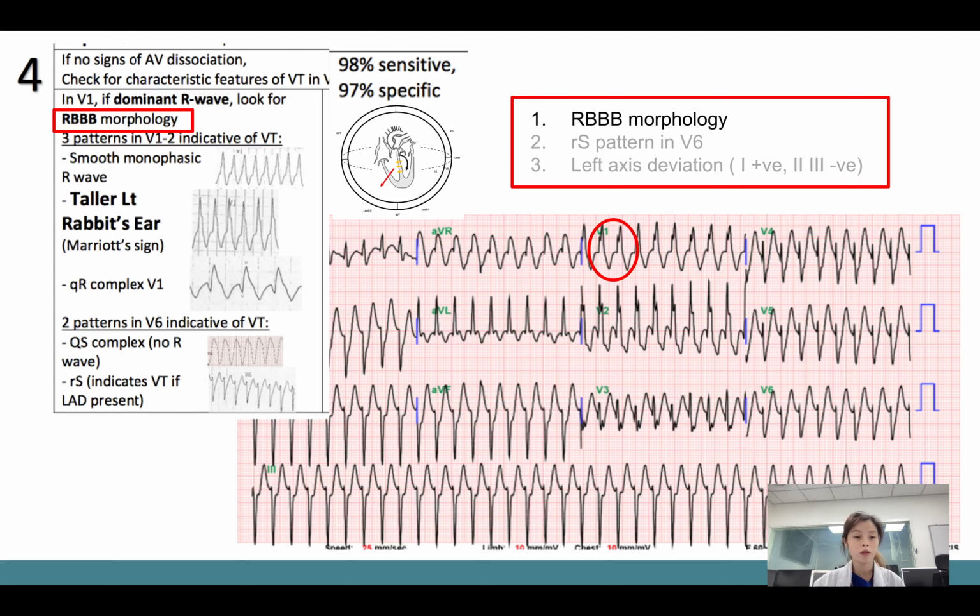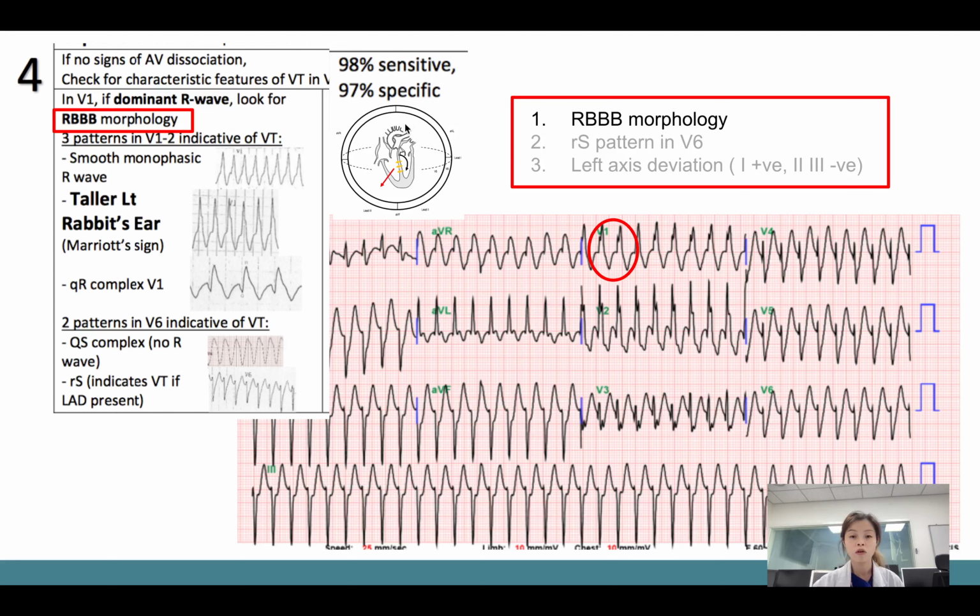The last step will be looking for any atypical RBBB or LBBB morphology. To identify what is atypical, we need to know what is typical first. For typical RBBB morphology, we would expect a triphasic rSR' pattern and a septal R wave in V1 and also a septal Q wave in V6.